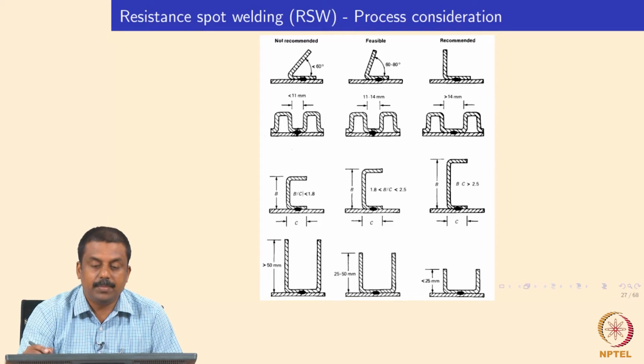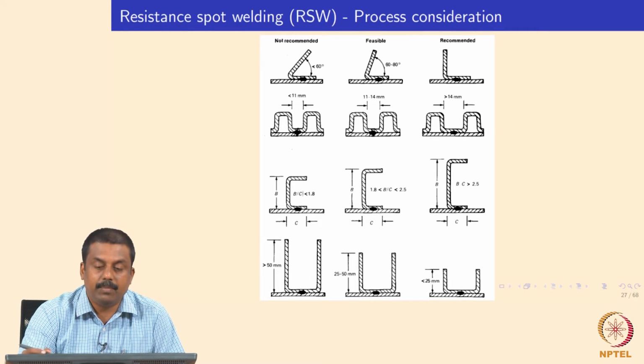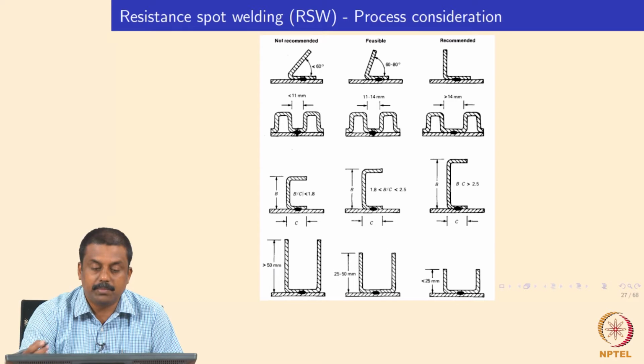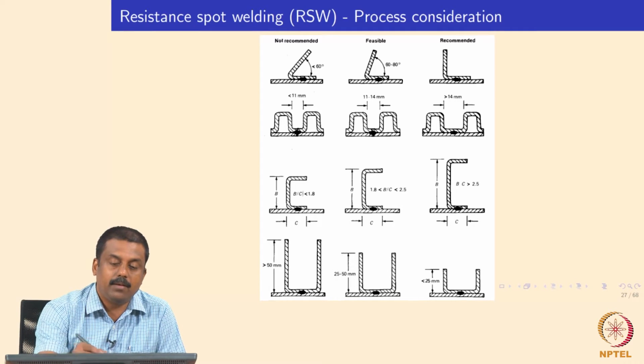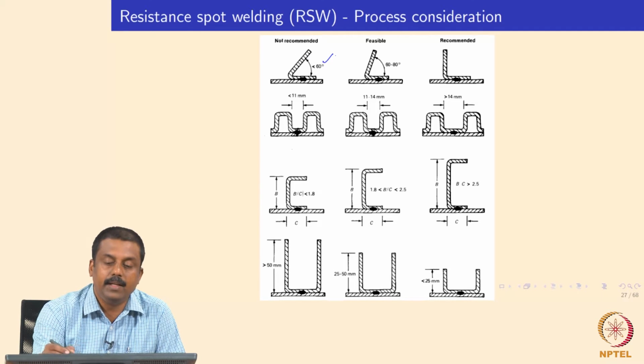Some of the design considerations, where and how you have to place the spot welds with various designs, you can look at in a handbook. One of these design specifications I got from an ASM handbook. For example, what is not recommended: if the angle is 60 degrees, it is not recommended.